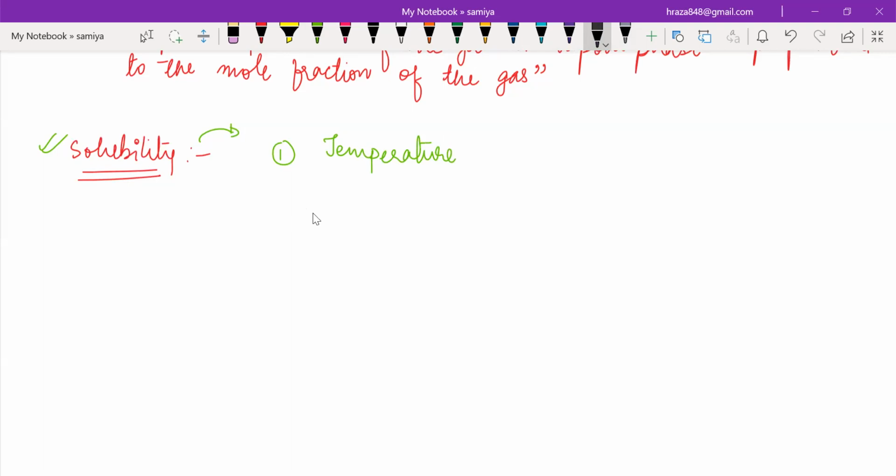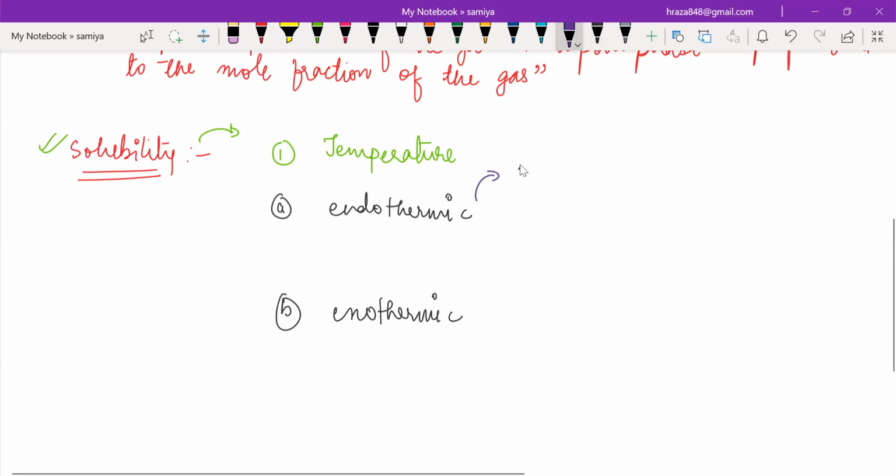For temperature, basically it depends on whether the process is endothermic or exothermic. Endothermic means delta H positive, the process in which heat is required.